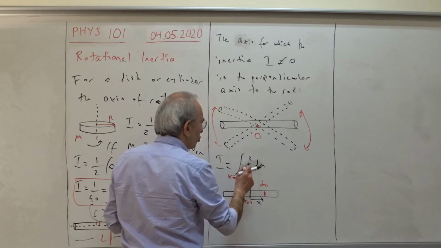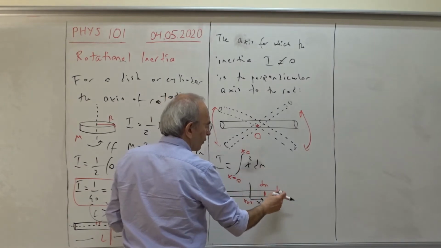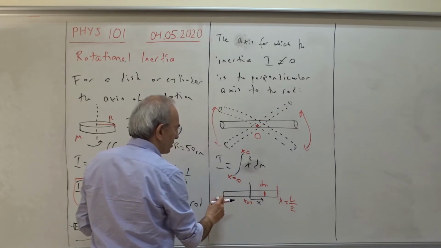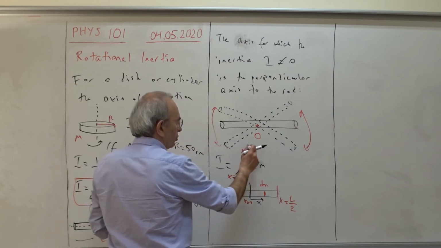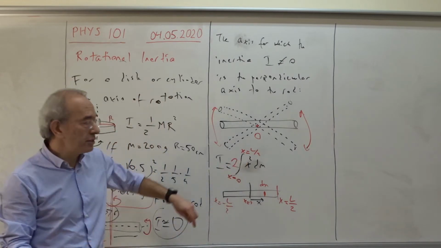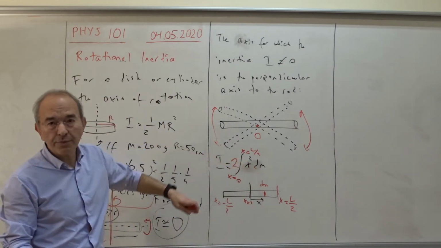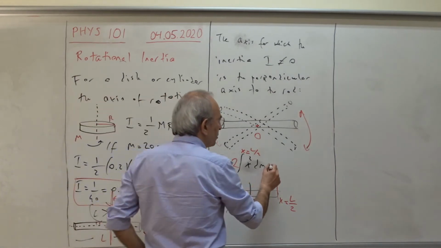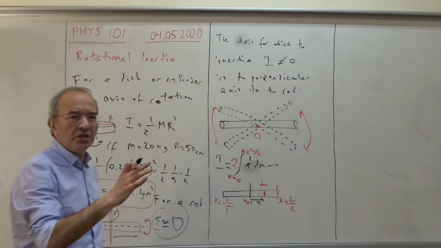So from x equals 0 to x equals half of the length. This corresponds to x equals L over 2. This corresponds to x equals minus L over 2. So from 0 to L over 2, and you multiply by 2, because there's the same part to the left of the origin O. x squared dm, let me just give the result immediately.